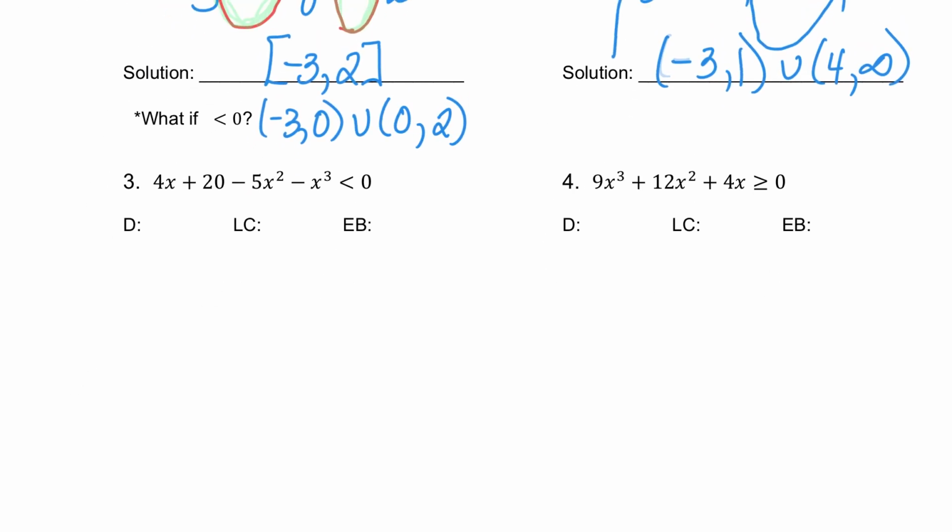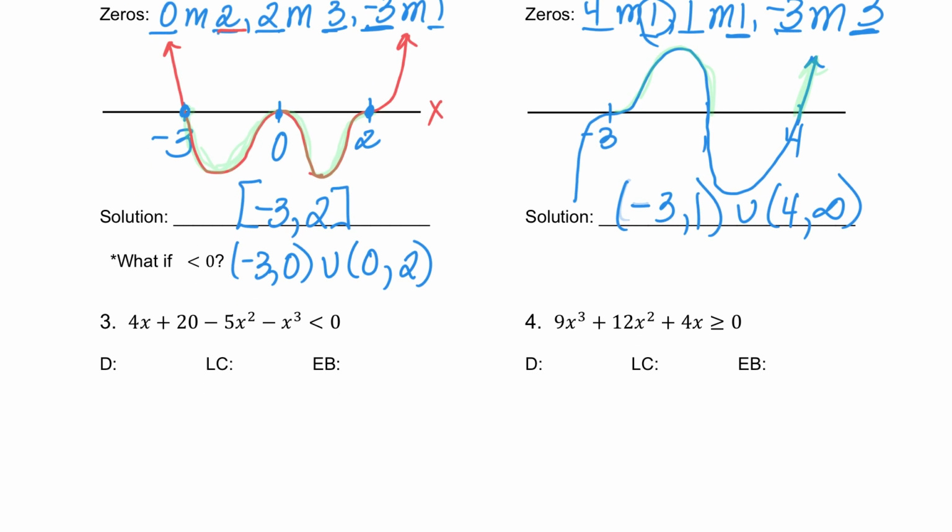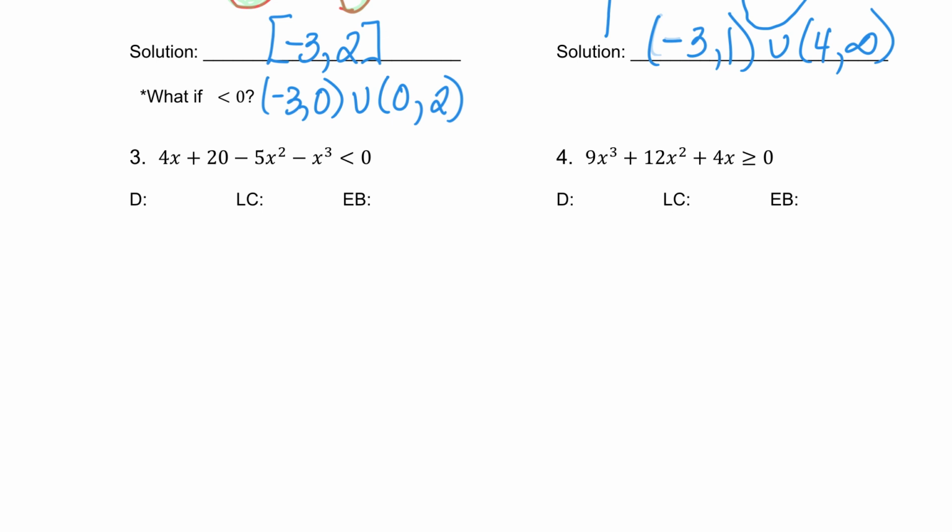So this one, I need to factor first, and those things are in my way, but that's okay, we'll make it work. Okay, so my degree, well, actually this one you can tell the degree real easily. Just look at each term and keep the highest one. My degree is 3.